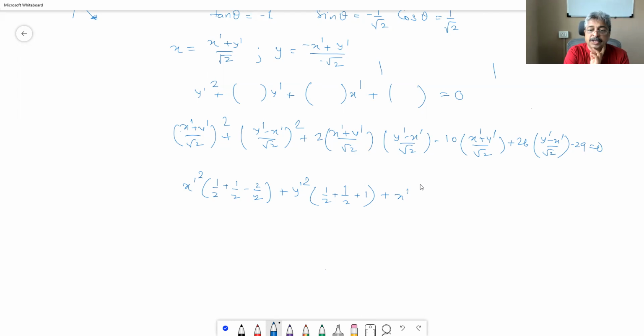Then the coefficient of x dash: x dash is not available in the first, second and third terms, but it is available here, which is minus 10 upon root 2 and minus 26, so minus 36 upon root 2. Plus y dash inside the bracket: minus 10 plus 26, so 16.